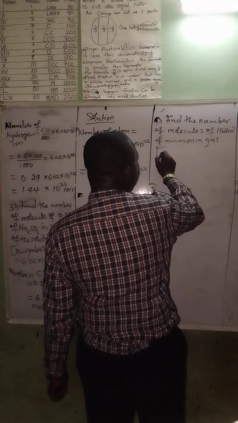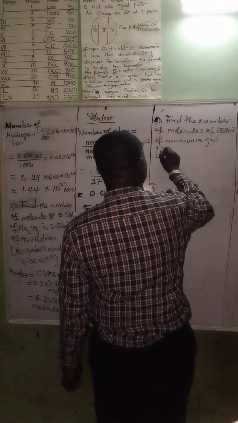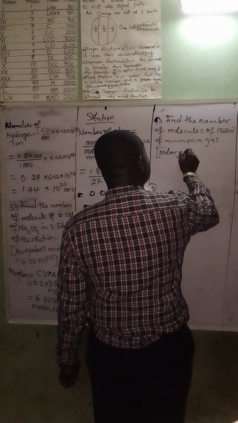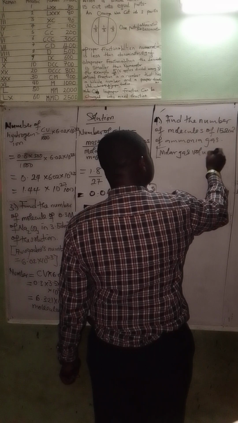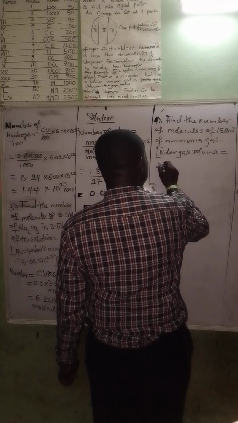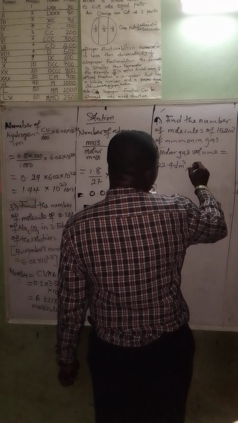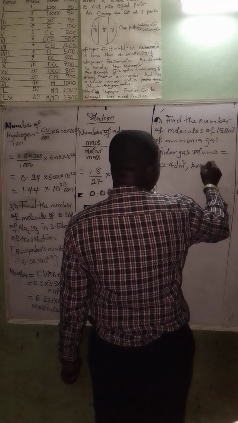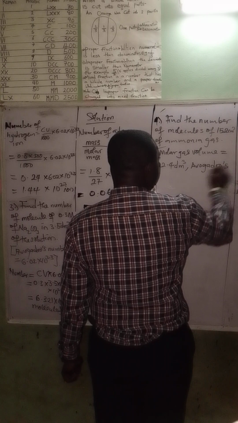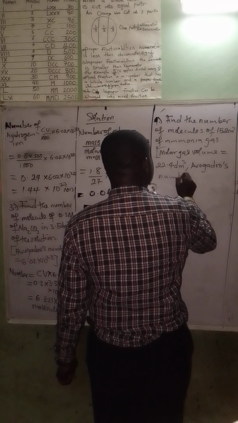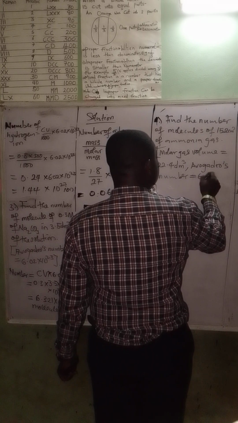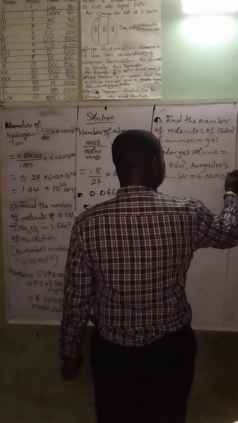Then you have molar gas volume equals to 22.4 dm³, and Avogadro's number equals to 6.02 times 10 to the power 23.